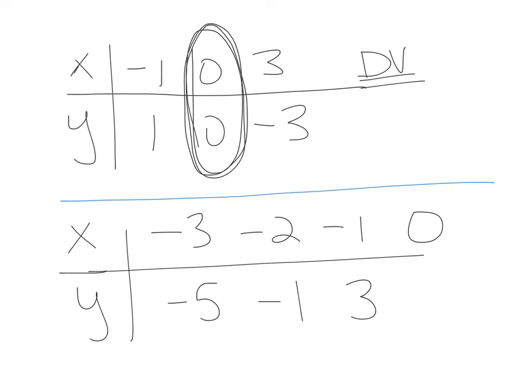If they went from -5 to -1, how much did they go up or down? They went up 4 here. If they went from -1 to 3, they also went up 4. So if we go up 4 one more time to make that jump to the 0, we'd have that the y-intercept is 7, which means this is not a direct variation.